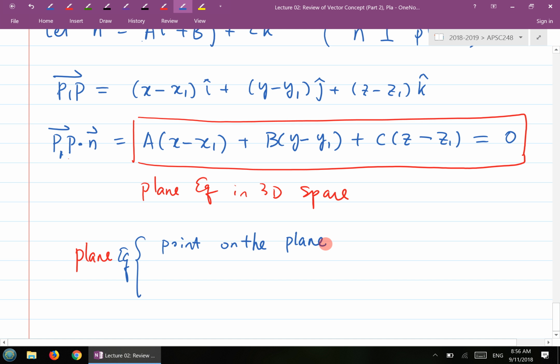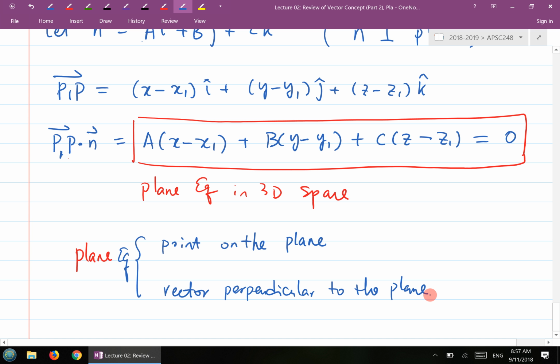Literally, you have infinite. As long as you can find one, just one point on the plane is enough. And second, what you also need is a vector that is perpendicular to the plane.